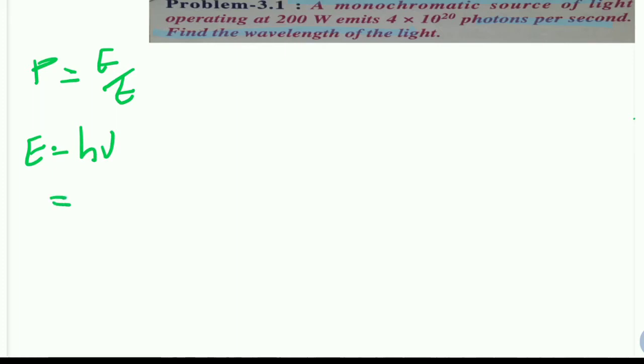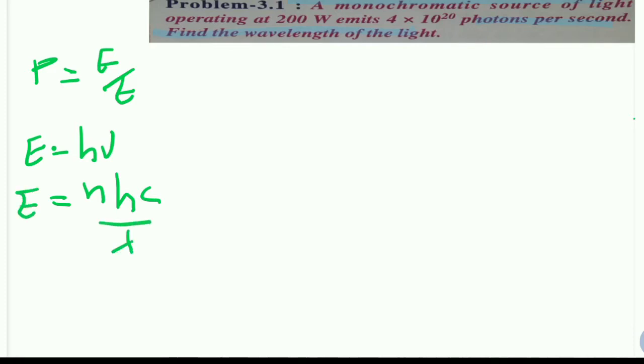Here the number of photons is given as 4 into 10 to the power of 20, so N photons, N into h nu, where nu means c by lambda.